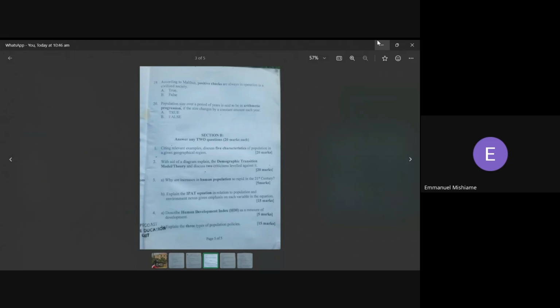The next one asks you to describe the Human Development Index as a measure of development. So this particular question, if you want to answer it very well, is not complete without explaining it as a critique of the GDP. Remember, when we started, those of you who joined early, I explained that GDP was an economic measure of development.